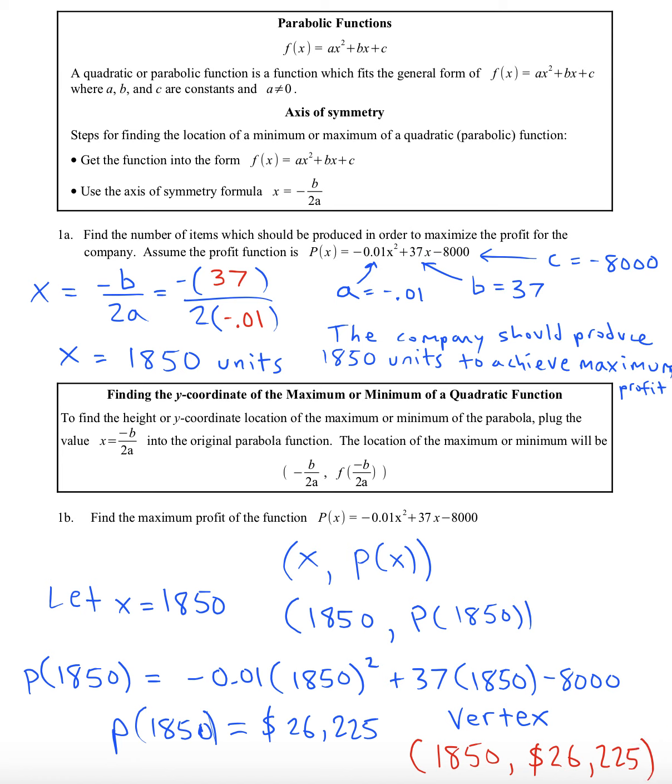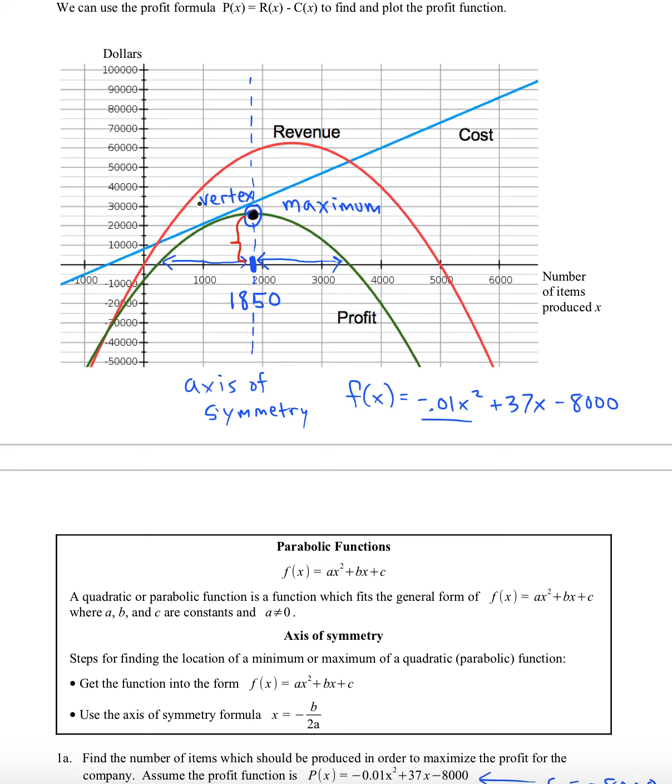This is the point right here. Does it look like it could have a vertical intercept here? A vertical value of 26,225. I think it looks good. Great.